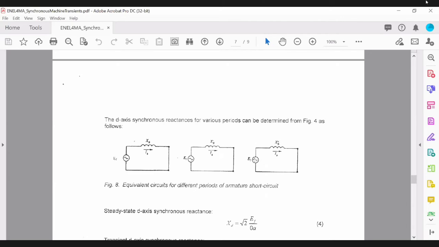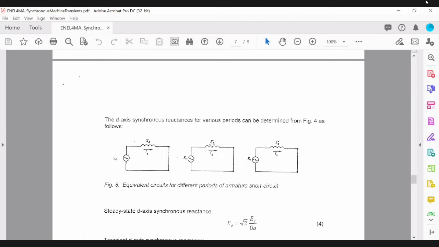Okay, and then to get the current that's flowing in the circuit, you're going to use the reactance Xd double dash, which means the subtransient reactance. And the next stage, once that's over, you'll reach what we call the transient period, and here you'll use the transient reactance given by Xd dash, right?